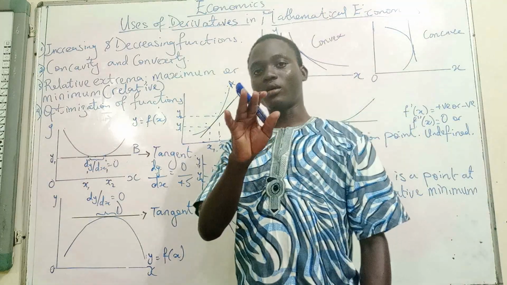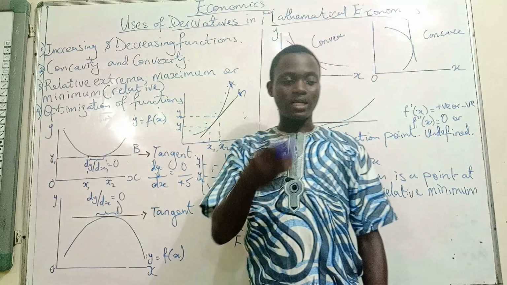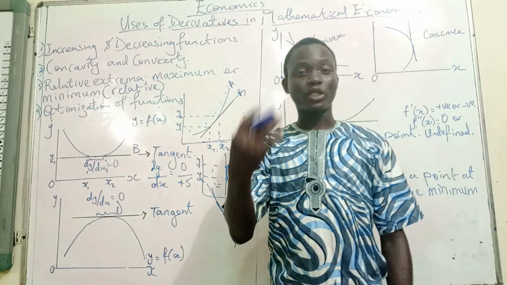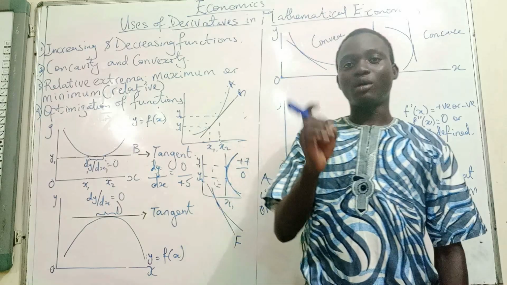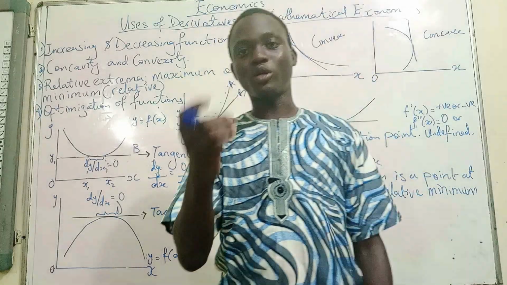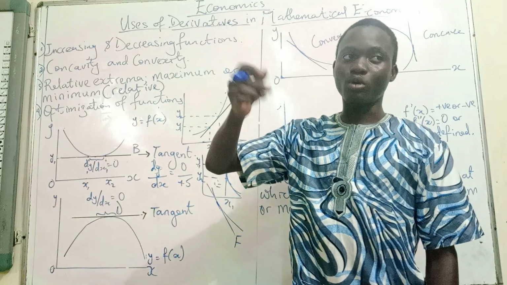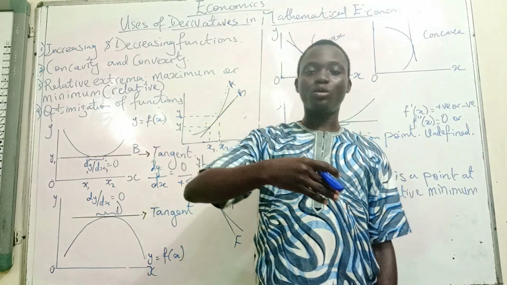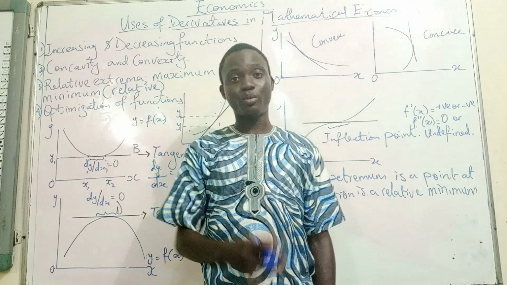What I'm trying to say is there's a quantity that a supplier or producer can produce, or let me say sell, that will yield the maximum profit possible. It is that maximum profit, or maximum revenue possible, that is being looked out for. Now beyond or below that quantity, let's talk about profits, for example.